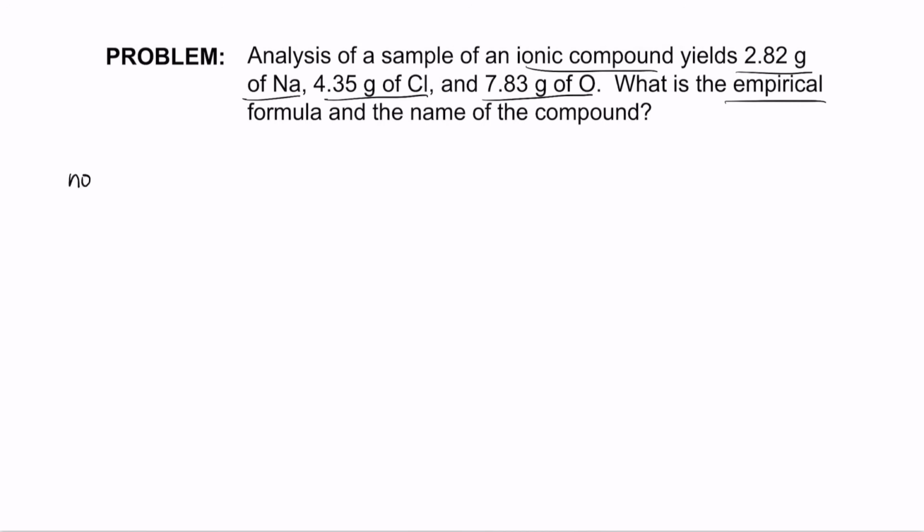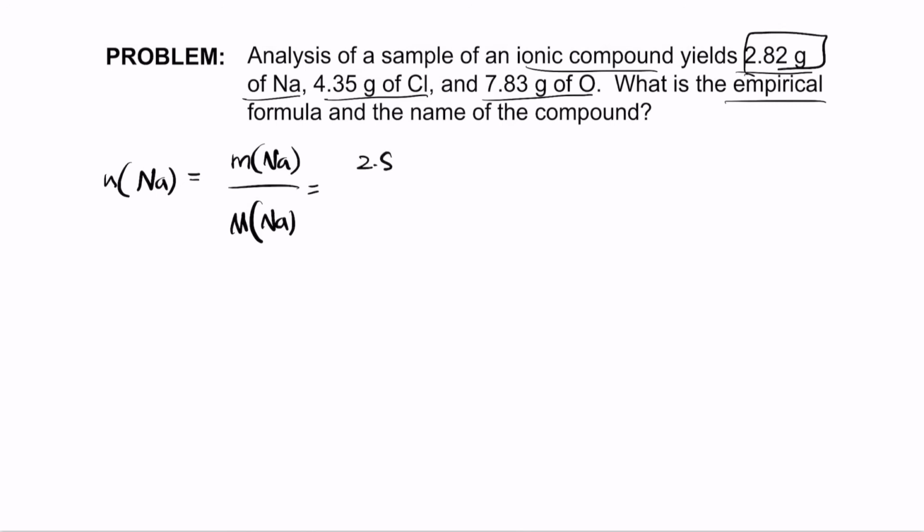So now we have to find the number of moles of sodium. That becomes the mass of sodium by the molar mass of sodium. The mass of sodium is 2.82 grams, so 2.82 over the molar mass of sodium.